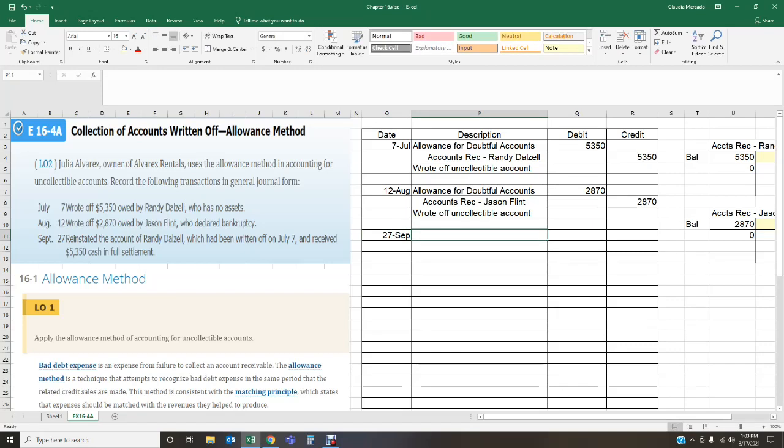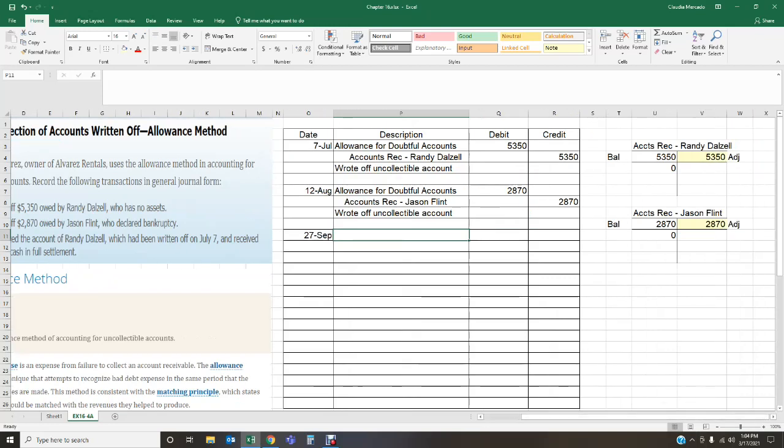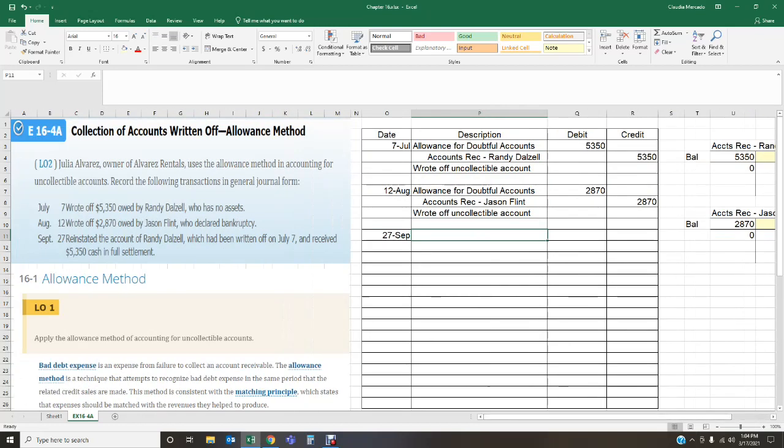But on July the 7th, we had already written off that account. So in my books, Randy owes me nothing, because I had written it off already. Now that I got the check in the mail, I need to reinstate the account, so that I can account for an actual payment received.